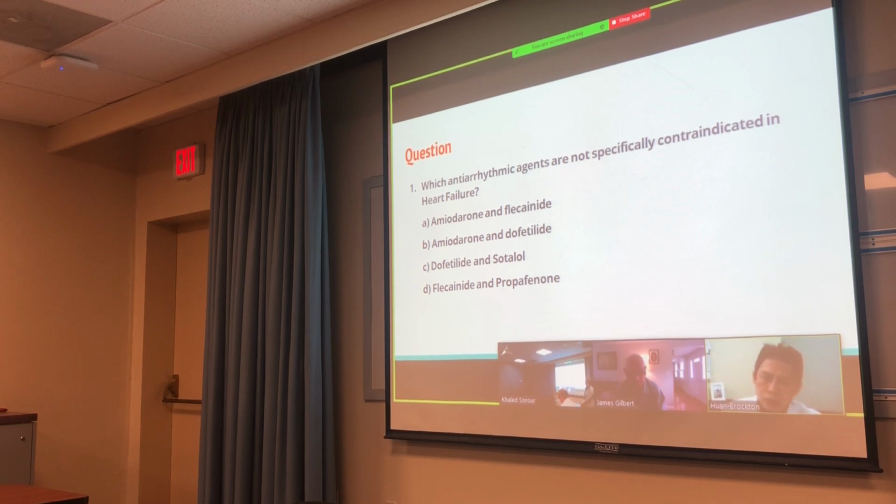There are a lot of trials that look at rhythm control versus rate control. The impression I'm getting, and it's in the guidelines, is that if you try rhythm control with an antiarrhythmic, it's helpful.